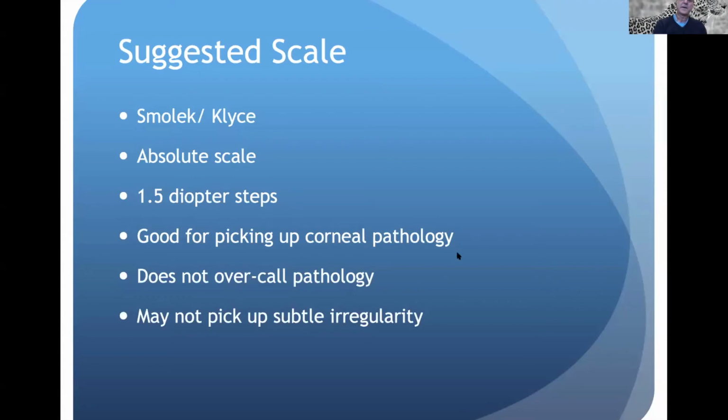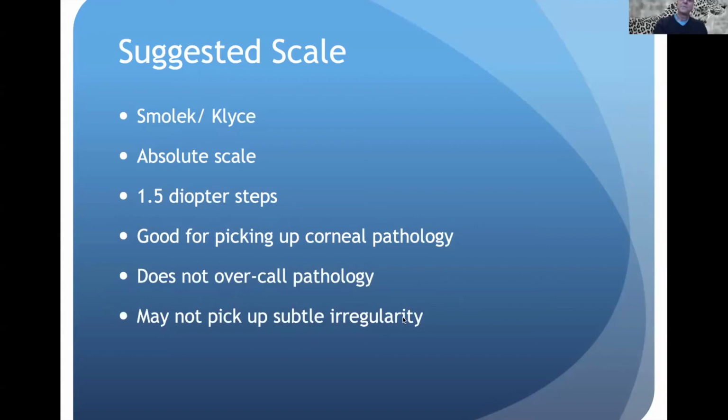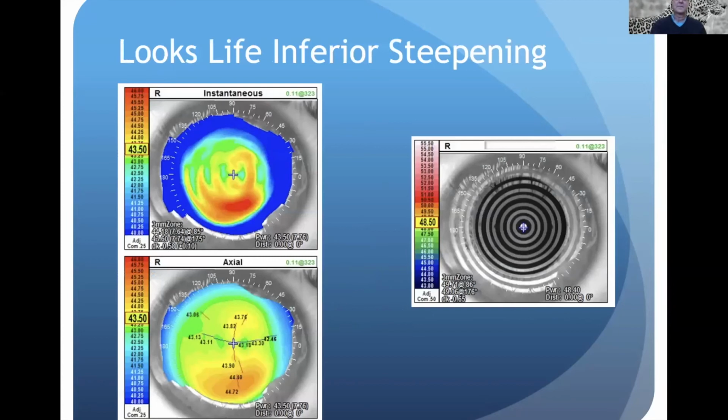It's good for picking up most corneal pathology without overcalling the pathology, with the understanding that you might miss some subtle irregularities. For that reason, we don't just look at the axial, we look at the tangential, and we look at that in concert with our Placido disc rings to see if it all lines up and if it's all meaningful.